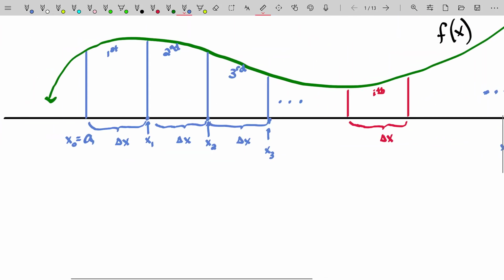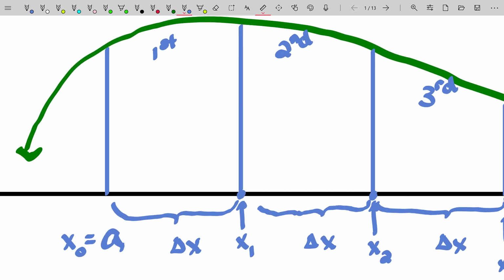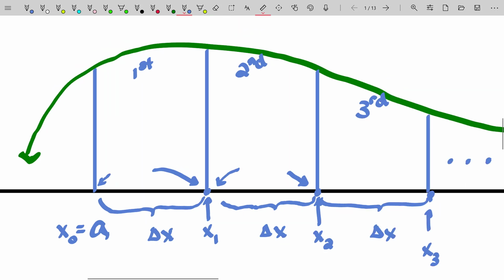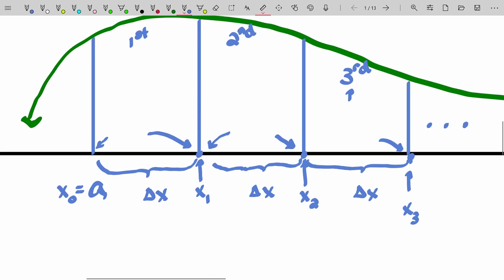Think about also, when we looked at this first subinterval, we started from x sub 0 and we ended at x sub 1. The second subinterval starts at x sub 1 and ends at x sub 2. Notice the right edge point of our subinterval matches the interval number. The third subinterval, its right edge point is x sub 3.